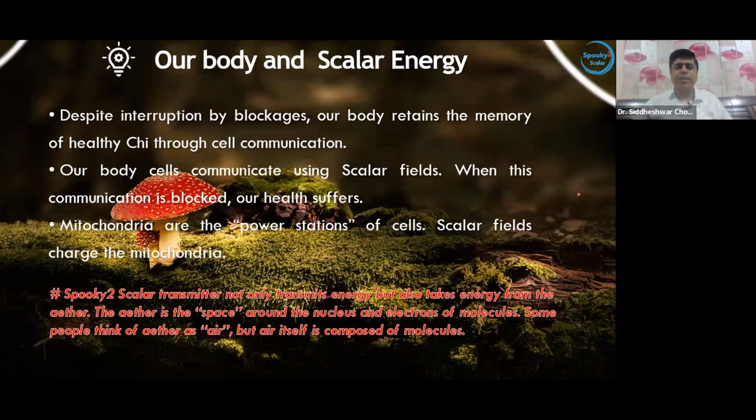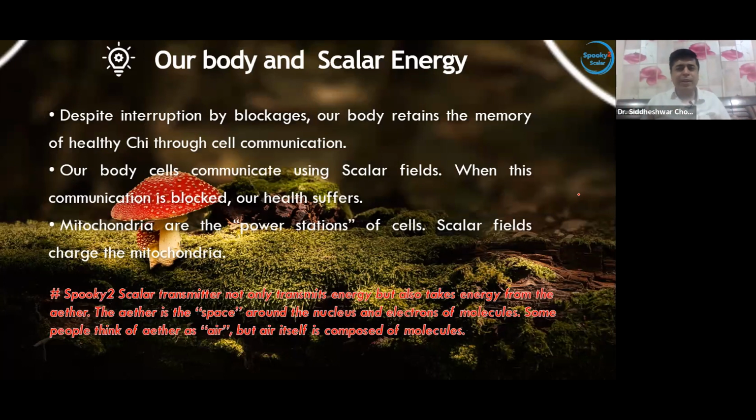So what does our body contain? It is 70% water. So we are liquid crystals, right? We are piezoelectric crystals. You put pressure on my muscles, I get energy. At older ages, body exercise goes down.